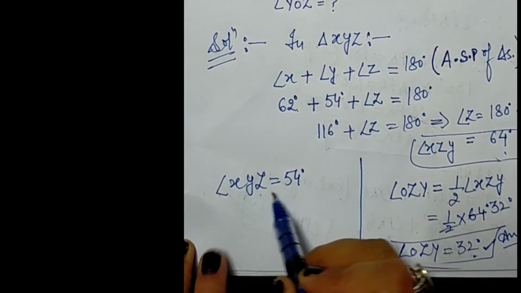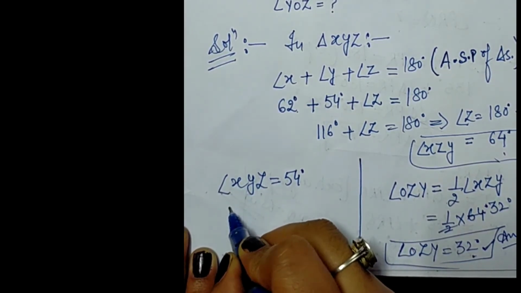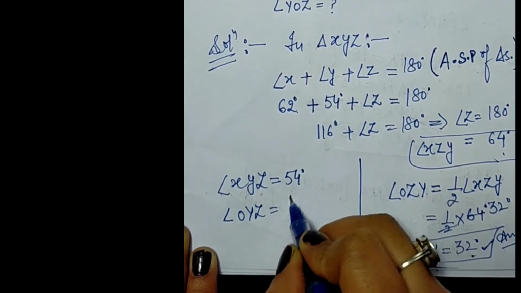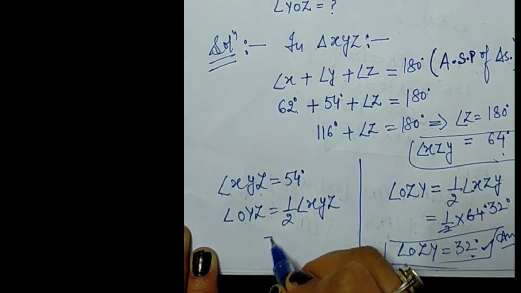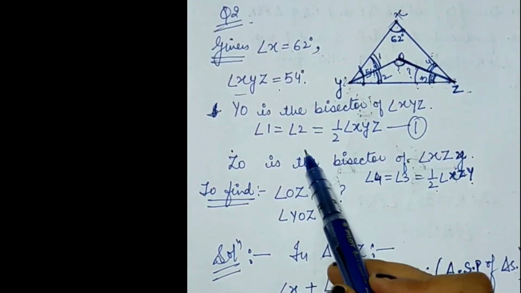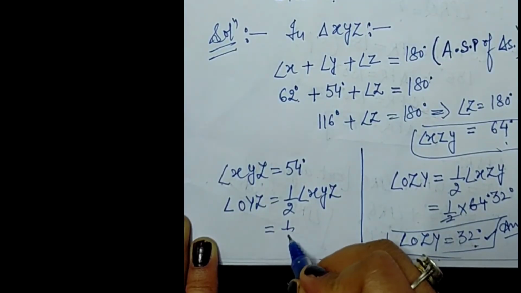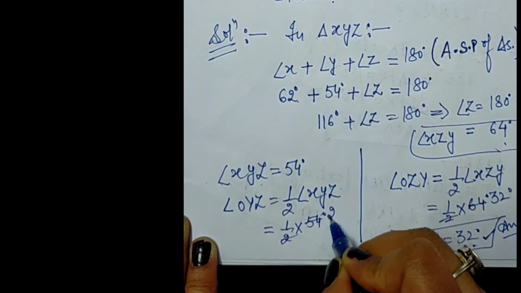Angle XYZ is given to be 54. So let's take half of it, because angle OYZ is half of it. OYZ, that means angle 2, is half of XYZ. So this is half of 54. That will give us 27.